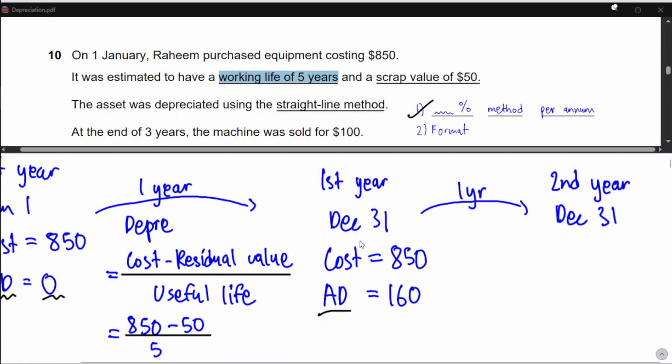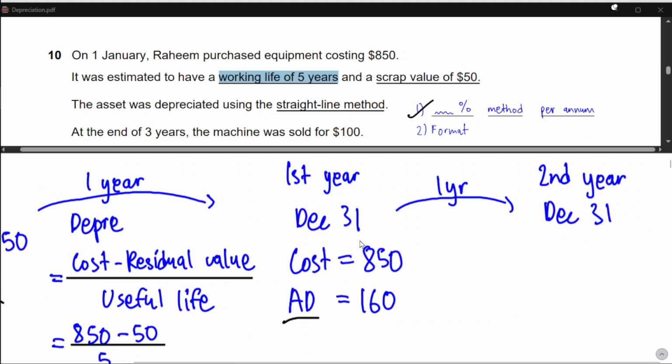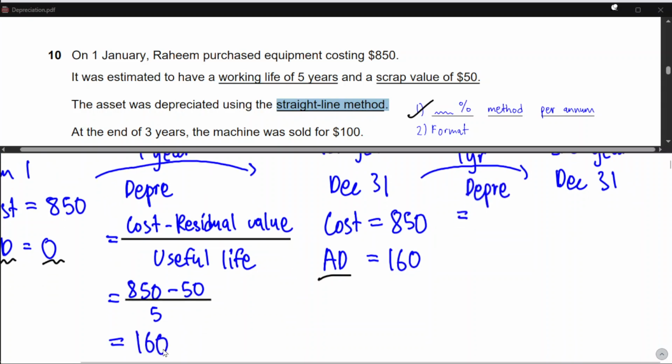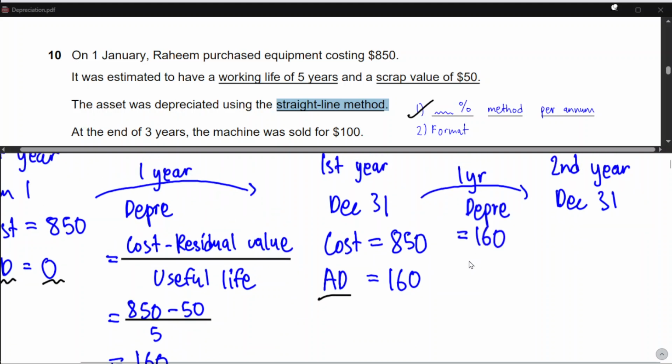Knowing it is straight line, the depreciation will be the same as 160.